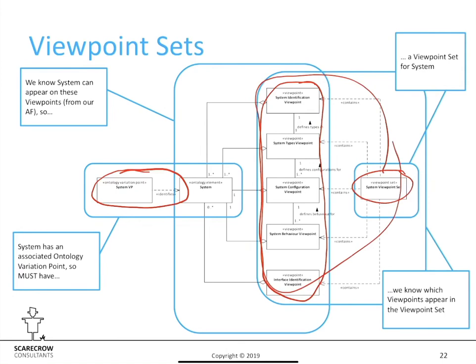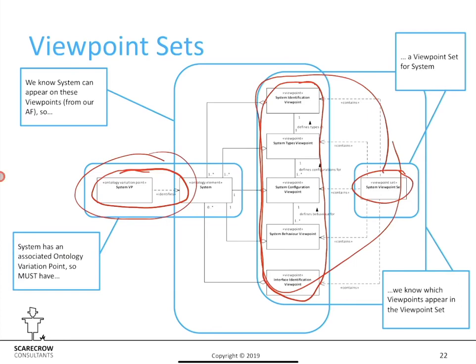So we can automate the creation of the viewpoint set. Essentially this diagram is how you create that viewpoint set, and we can automate that diagram in its entirety. As soon as we've put that part in, the rest of that diagram we can automatically generate from information in our model.